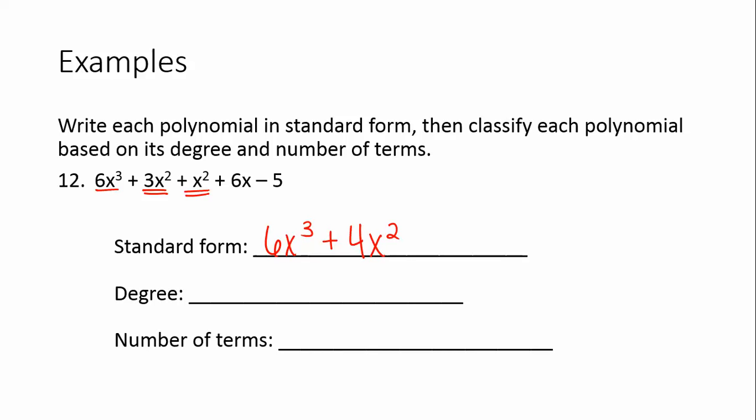When we combine like terms, we don't do anything to the exponents. Then we have a 6x term, so plus 6x, and we have a minus 5, so we're subtracting 5 in the back. So here we have a degree of 3, so it's cubic. But now we have 4 terms, and so a polynomial with 4 terms is just a polynomial. We don't have a fancy name for that.